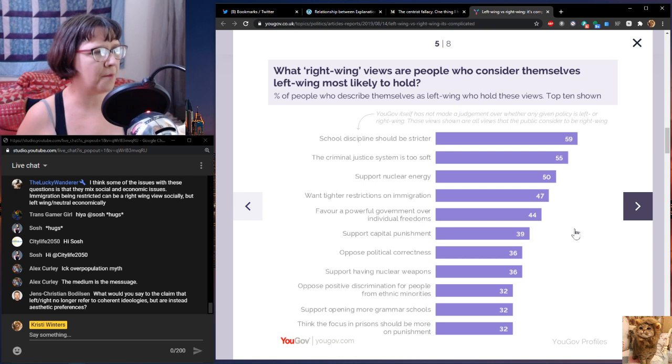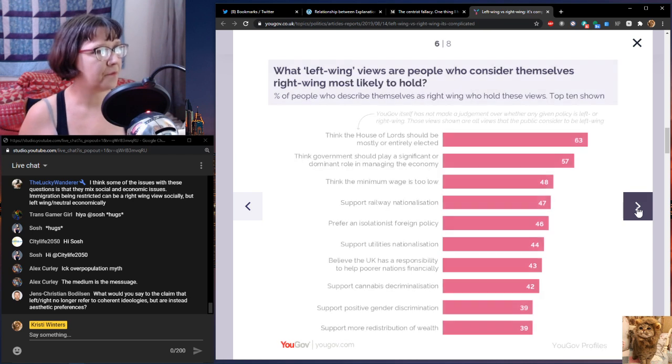It's mostly wanting to crack down on people. So the left has, from this, some sympathy for what we would consider more authoritarian tendencies, and also obviously immigration, some xenophobia. Now, what left-wing views are people in Britain who consider themselves right-wing most likely to hold?